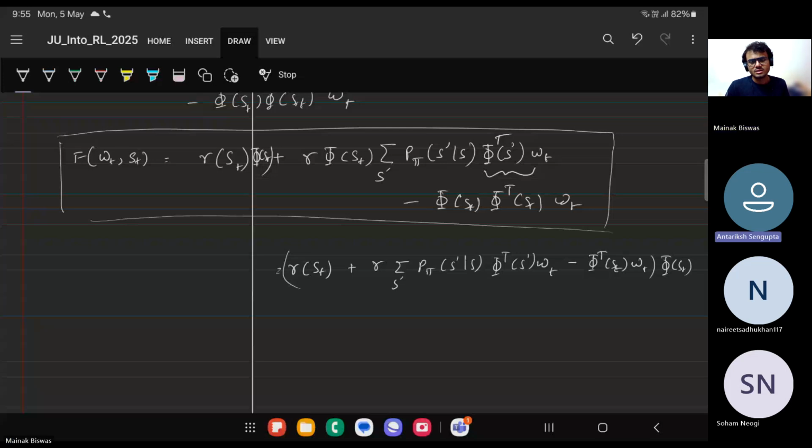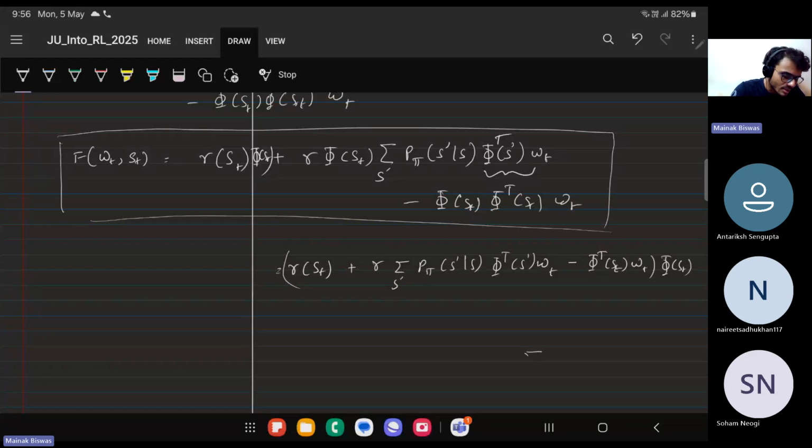It takes the entire trajectory from s to s_t plus 1 till it converges. It takes lambda to the power i, and then you have the ith term of the difference d_i. That's what you have in the TD learning algorithm.